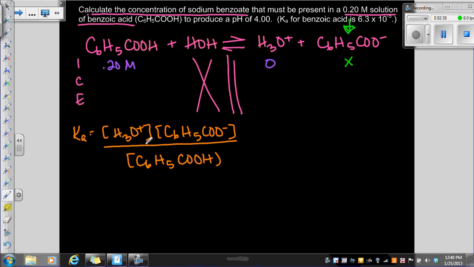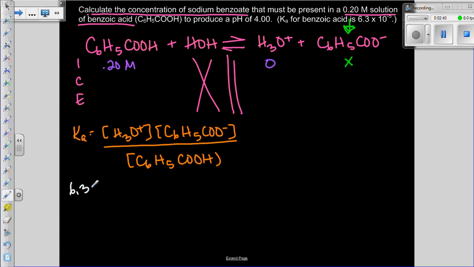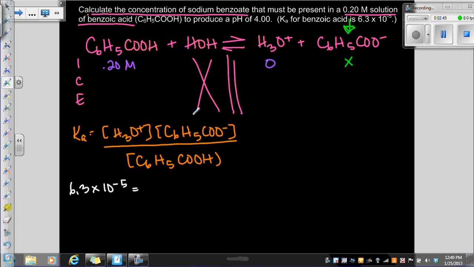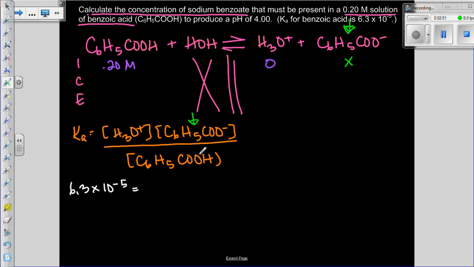Now I can substitute my Ka, which is 6.3 times 10 to the negative fifth, and then I've got to know what these values are. Well, we already said that benzoate is what I'm looking for, so I need equilibrium concentrations of these three. So how am I going to find that?